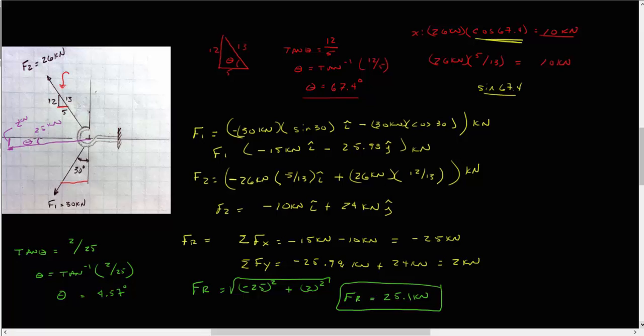Now that's this angle here, so we would say that's 4.57 degrees, and that would actually be positive, but it would be counterclockwise from the negative x-axis.